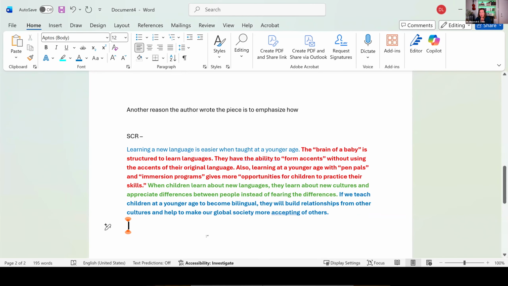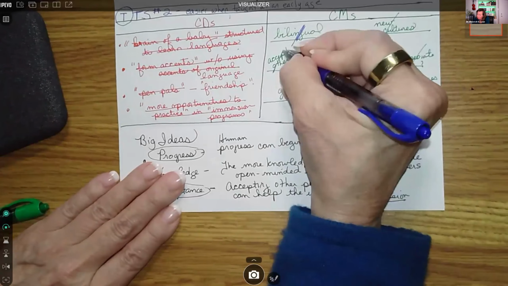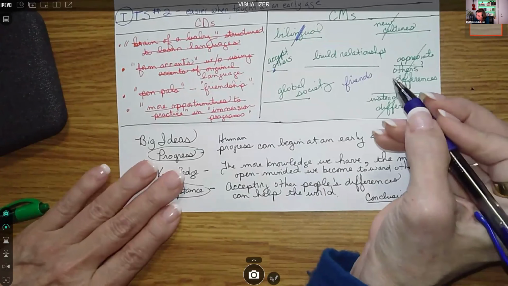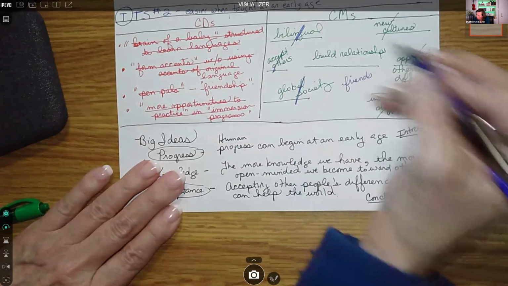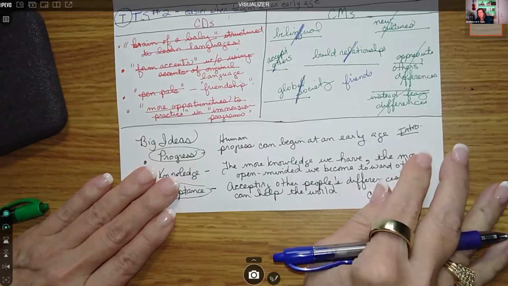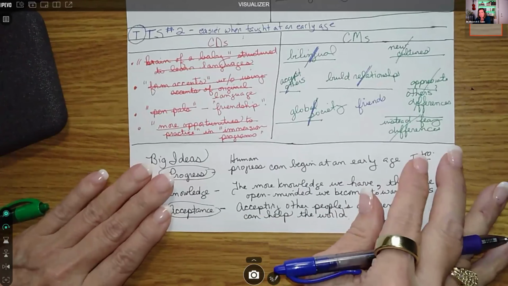You see? And all of that came right here, where I say bilingual, accept others, global society, build relationships. So I pick and stitch and put it into sentences.